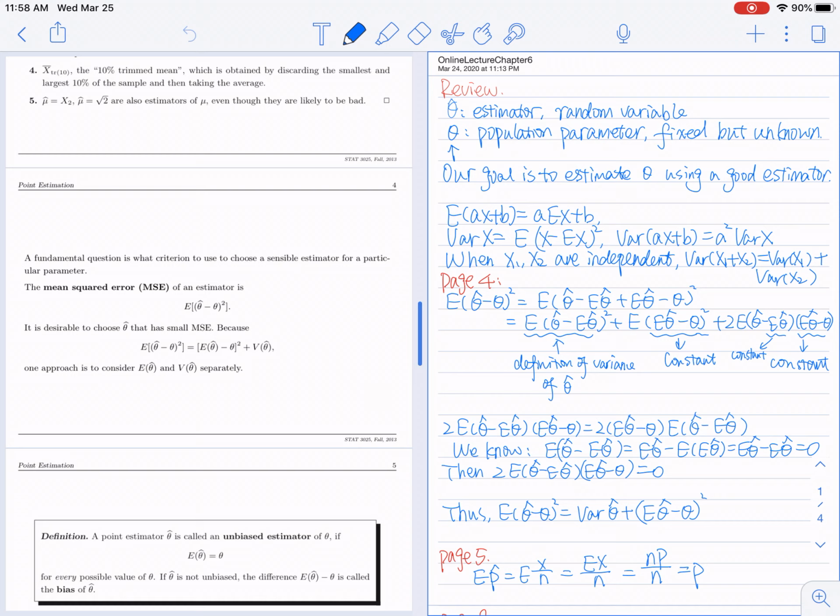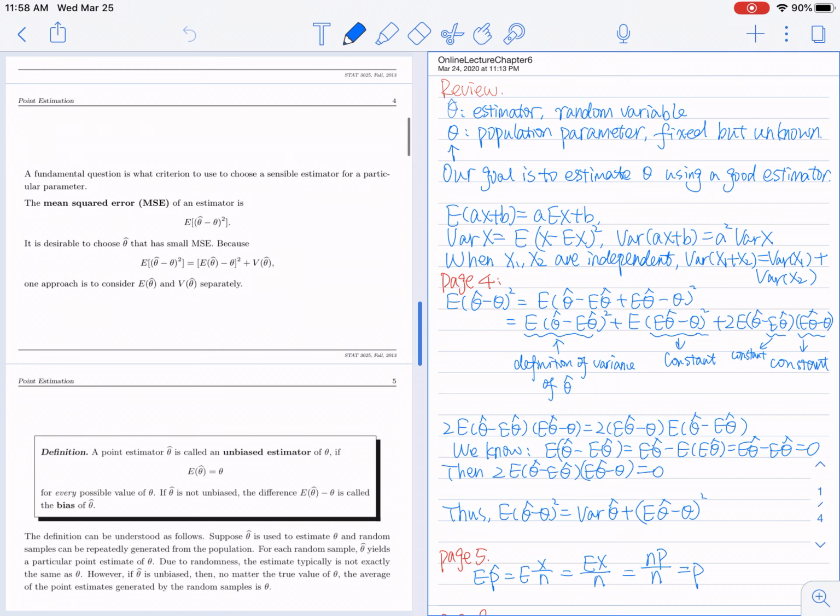And we introduced the first criteria we are going to use, which is called mean squared error. The definition is given in page 4, and an extension of the definition is given in the second formula of page 4. And the derivation is written in the right side of the screen.